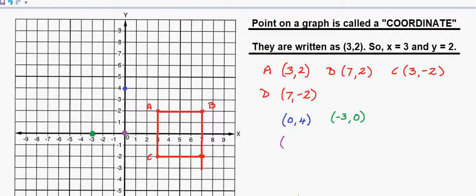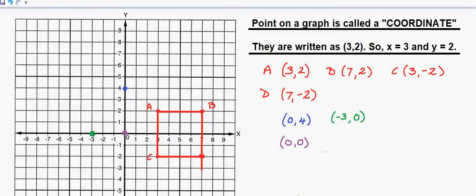Now x is 0 at that point because it's +1 one side, -1 the other, so it must be 0. So this is 0 on the x-axis, and again on the y-axis it's 0. So where the two lines meet, that's the coordinate 0, 0.